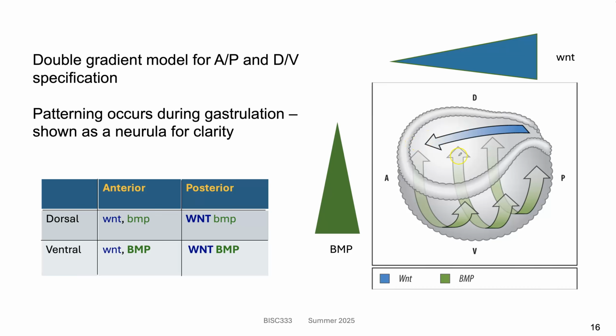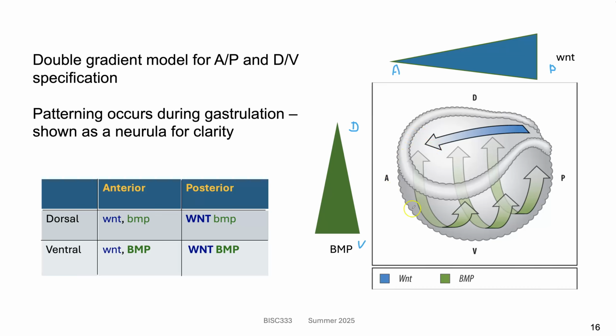Because of the way the cells are moving around, it's easier to understand if you look at the finished product, which is the little neurula embryo with the BMP gradient, with the ventral having large amounts and the dorsal having very little or none, and then the posterior has a large amount of Wnt and the anterior very little.